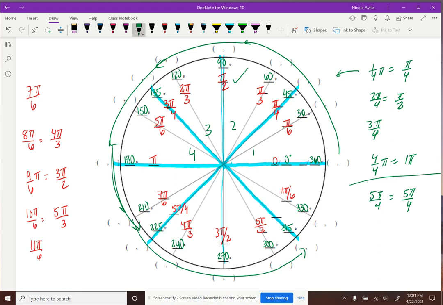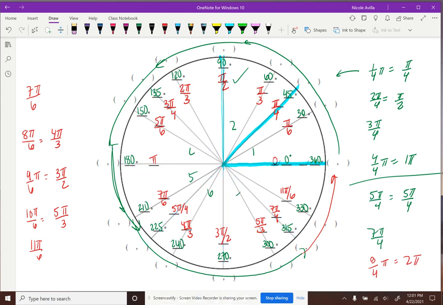I would say that I have 4, 5, 6, 7 slices of pi at that point. So I could do 7 pi out of the original 4. 7 pi over 4. And again, by the time I get all the way around, I would have 8 slices out of 4, which would be back to our original 2 pi.